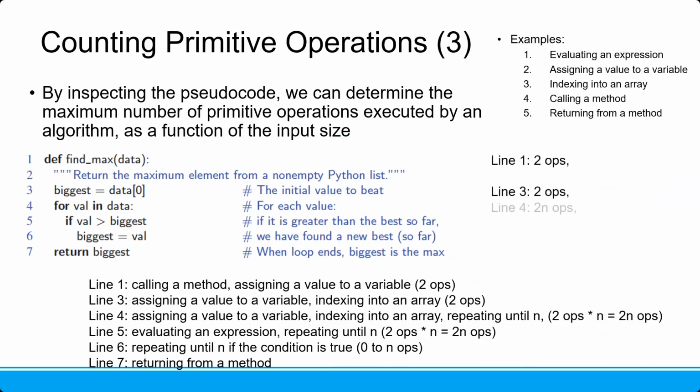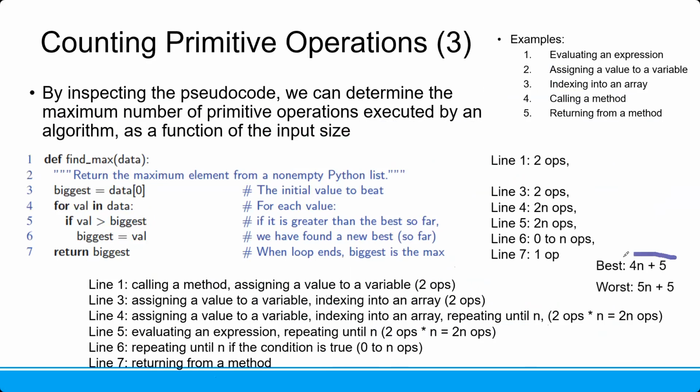Okay, so we have this one. So 2 operations to n, 0 until n. In this case, I can say that the best case is 4n plus 5. Why?